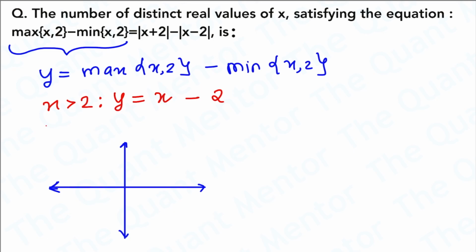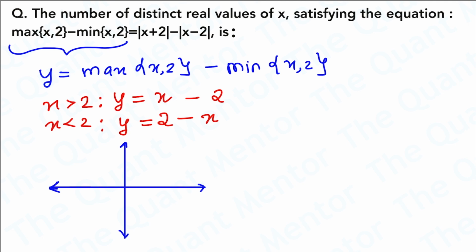Similarly, if x is less than 2, the max of x comma 2 will be 2, because 2 is more than x, and the minimum of x comma 2 will be x. So when x is less than 2, the graph is y is equal to 2 minus x.